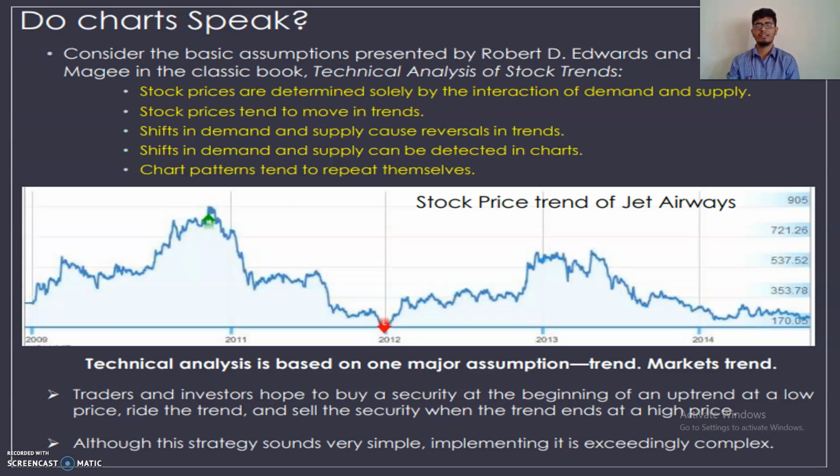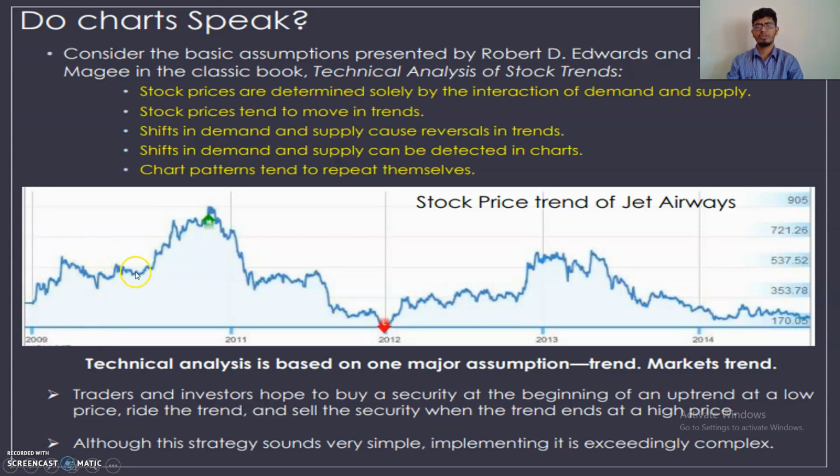Traders and investors hope to buy a security at the beginning of an uptrend at a low price, ride the trend and sell the security when the trend ends at the high price. So the traders hope to buy the security at the beginning of the uptrend. This is the beginning, or here also you can say the beginning of the uptrend.